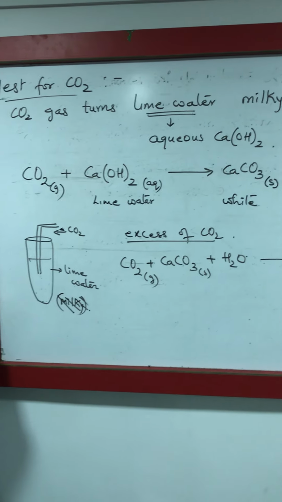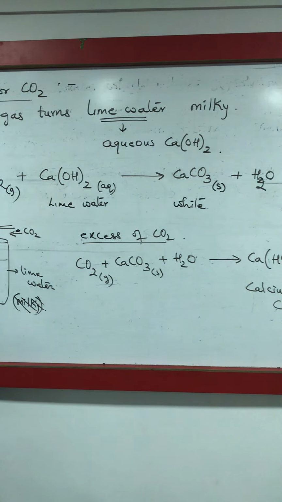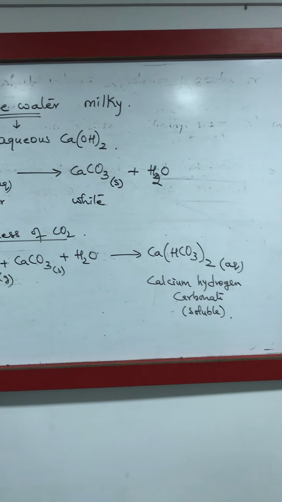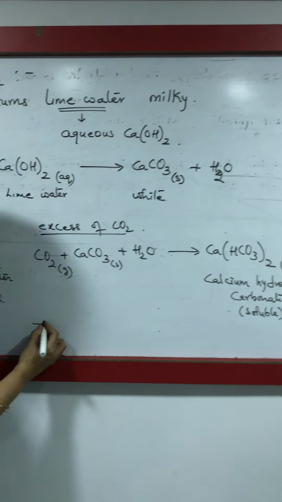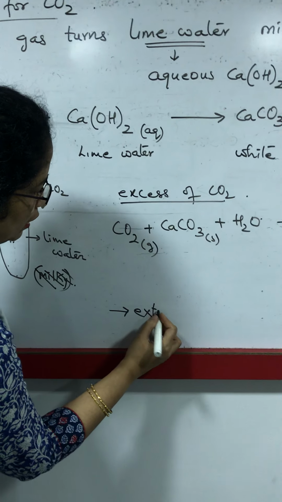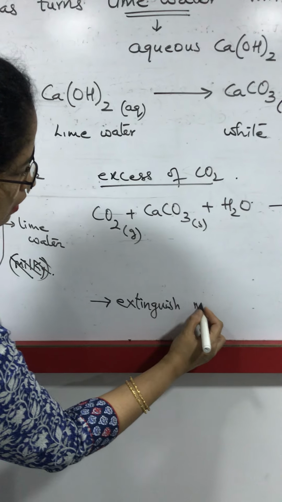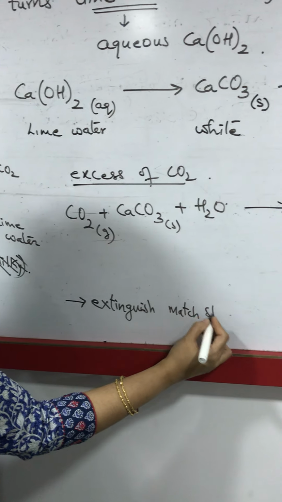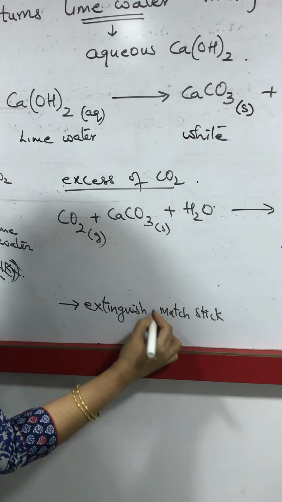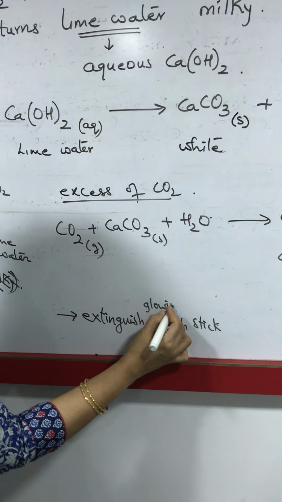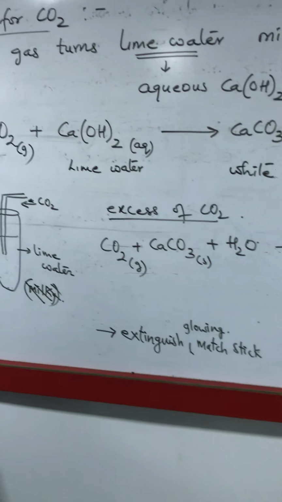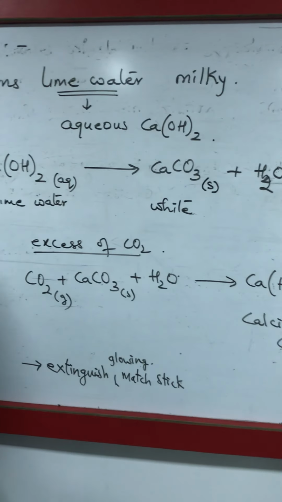This is a test to find out whether the gas released is carbon dioxide. Carbon dioxide will also extinguish a glowing splinter or a glowing matchstick, and that is because carbon dioxide does not support combustion.